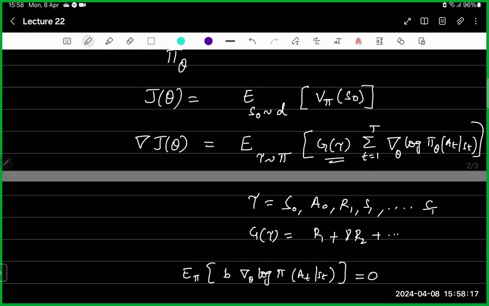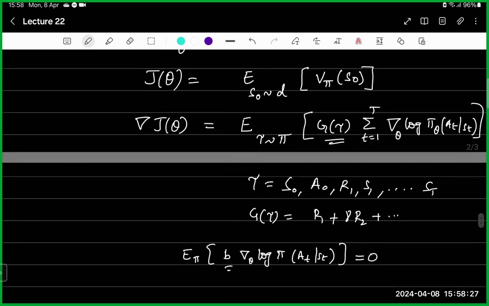If there is any baseline B which satisfies this property, then we can subtract it from G tau, and the gradient will not change, because you can just take the B outside, and that term will become 0.